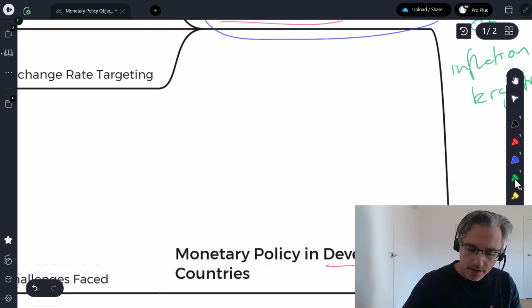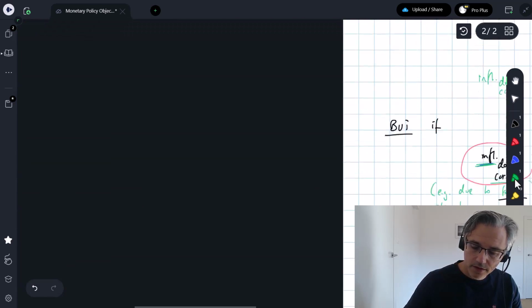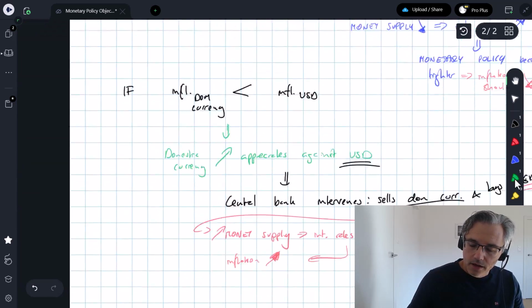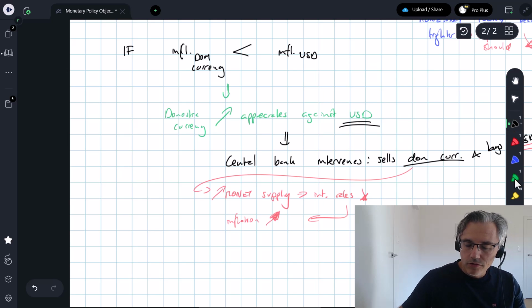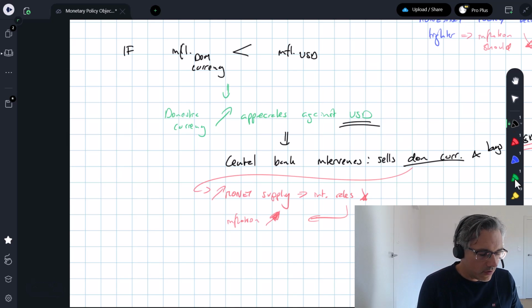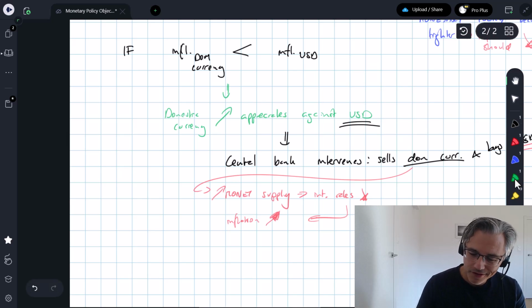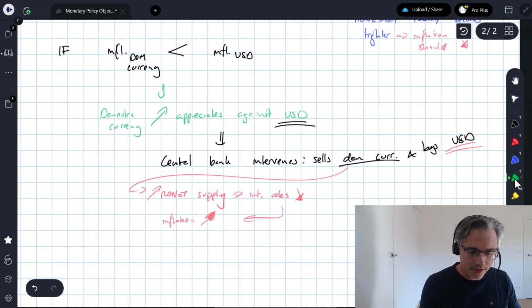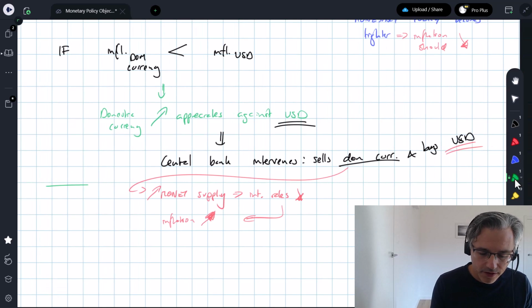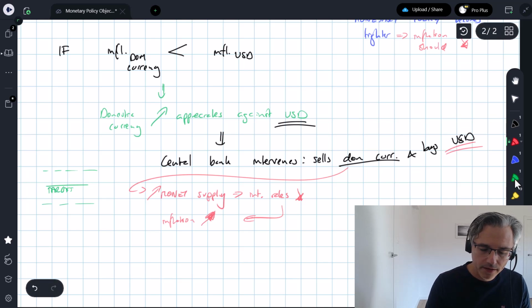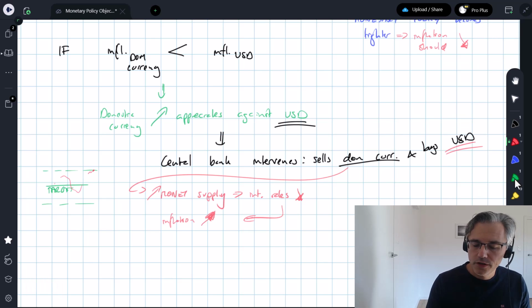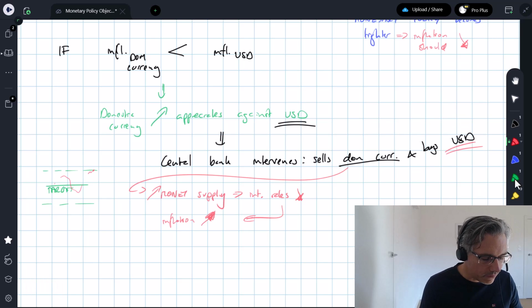Let me just go back and say one or two things here about this policy of exchange rate targeting. It requires constant potential reaction, right? Because even if you set yourself a target and you try to keep the exchange rate within a certain band around the target, you will from time to time have to intervene.